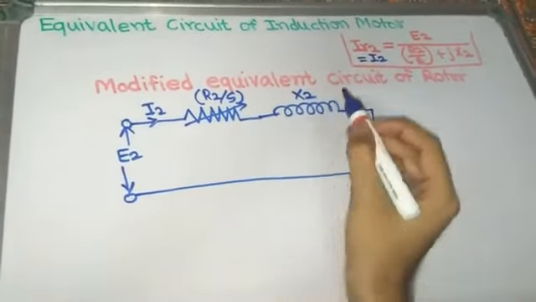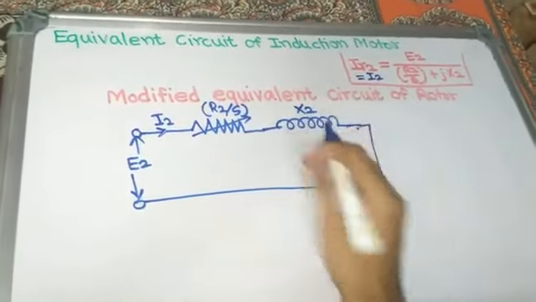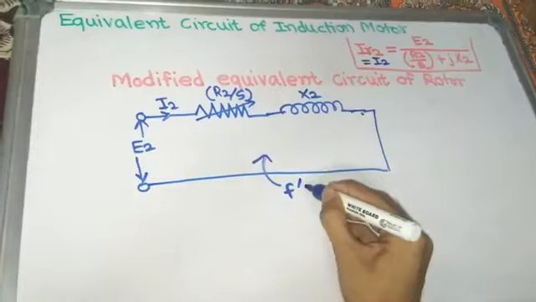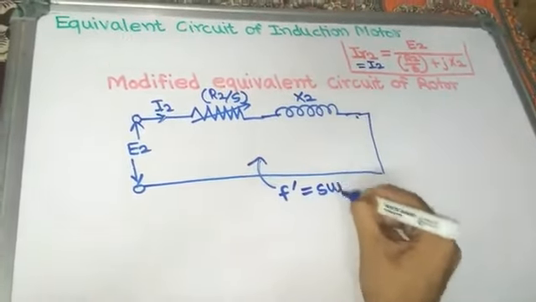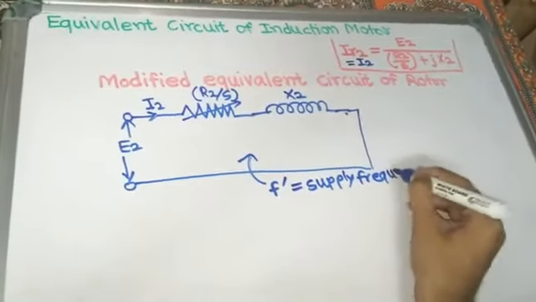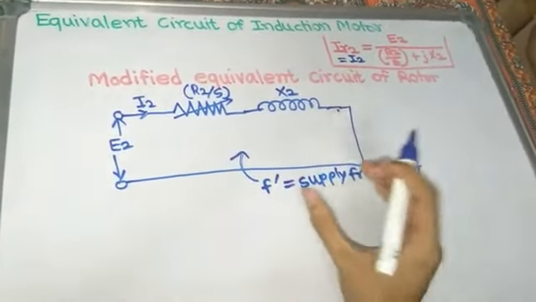And what about frequency? Once the rotor reactance per phase is constant, our rotor frequency F dash is also constant, equal to the supply frequency of the stator now. So by this arrangement we can get this modified equivalent circuit of rotor.